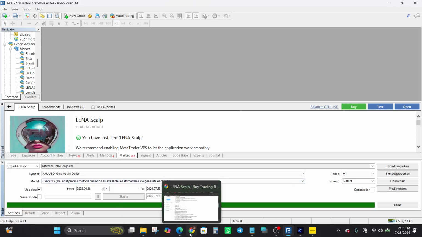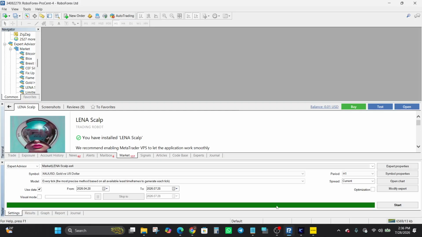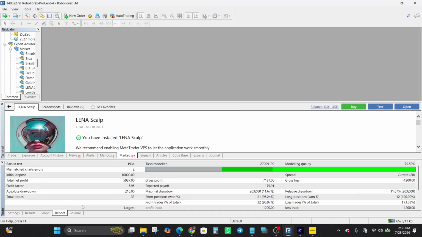All right, and the modeling quality came in at around 79.5%. Okay, so while I'm waiting for the report to load, let's just get back to the terminal. So the initial deposit was $10,000 using a fixed lot size of 1.0.